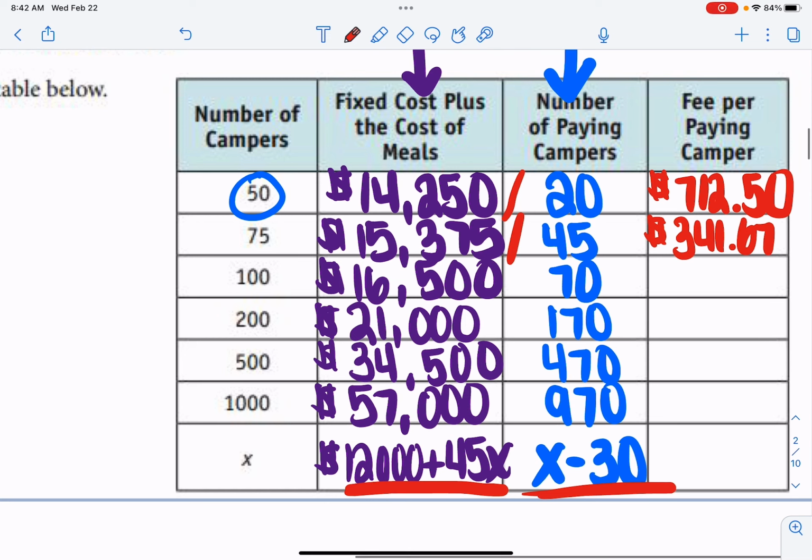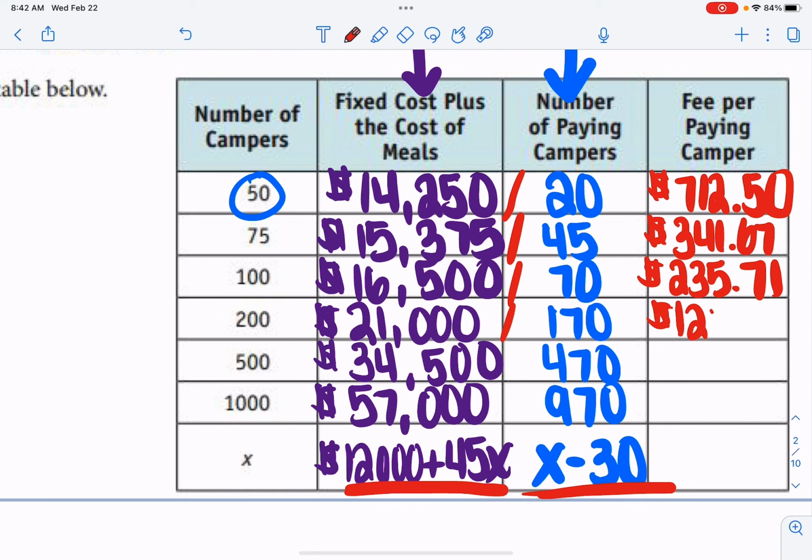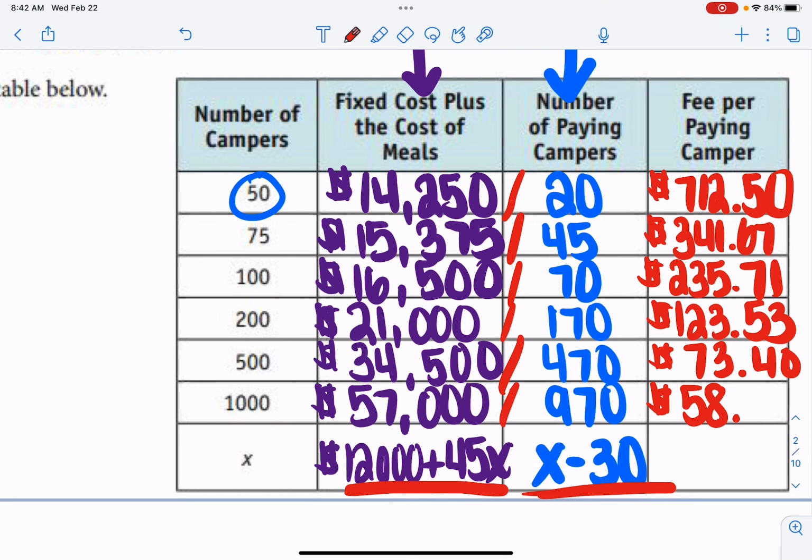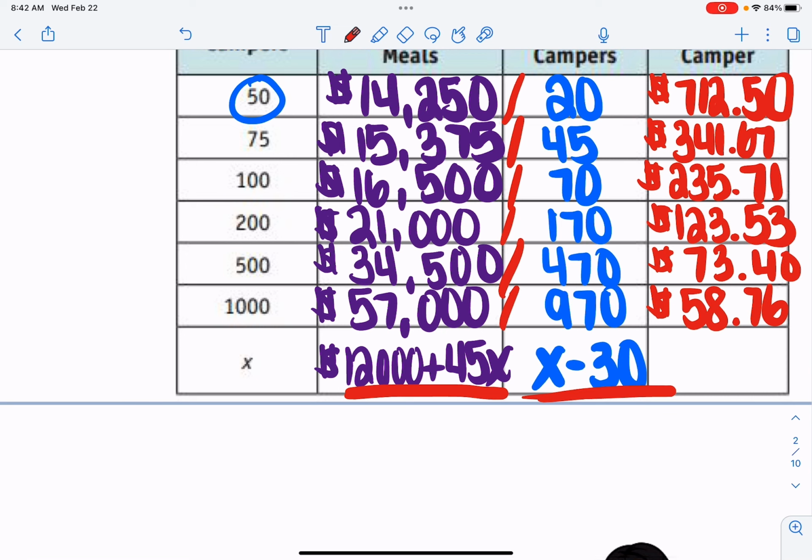For 100, that's going to be $235.71. For 200, that's going to be $123.53. I'm just going to keep going. This also makes sense because if you have fewer paying customers, the total amount per camper goes up. How I figured that out is simply by dividing those two parts together. That would be your function.